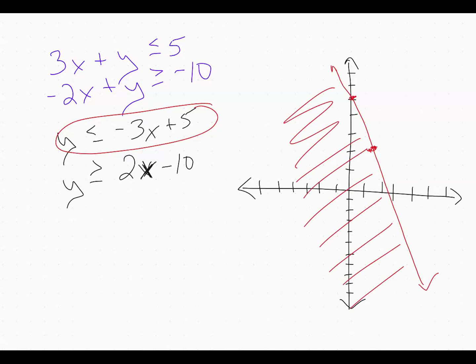All right. Now graphing this guy. I'm going down -10. And this says I go up 2, right 1. Do it a couple times.